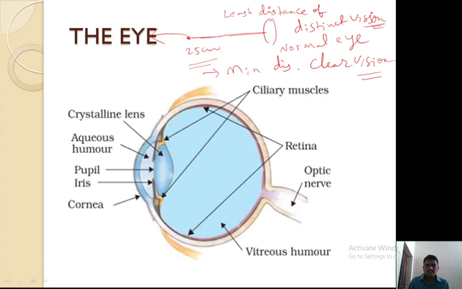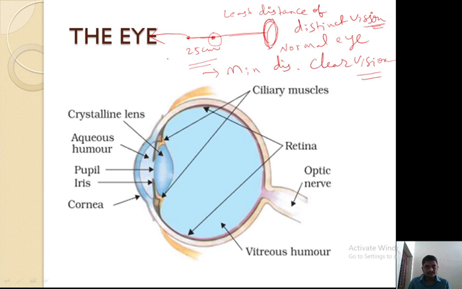If the object is placed below this distance, the eye lens cannot adjust its focal length, therefore our eyes feel strained to view close objects.